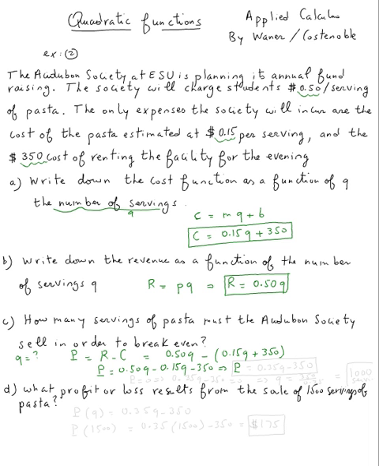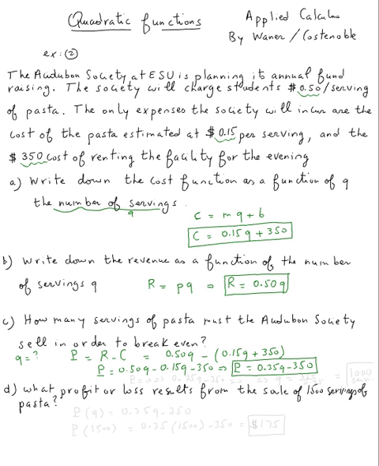So the profit function is equal to 0.35 Q minus 350.